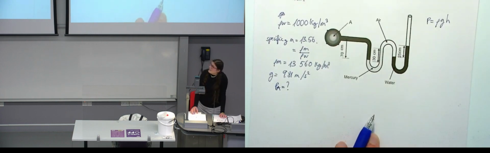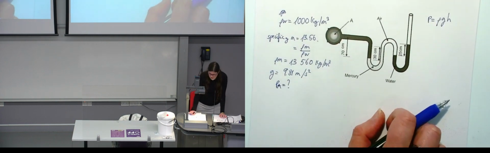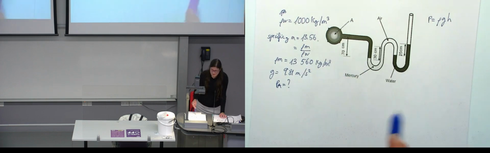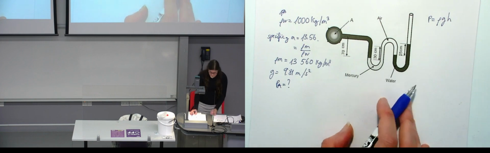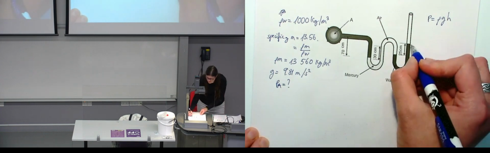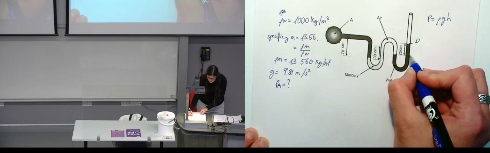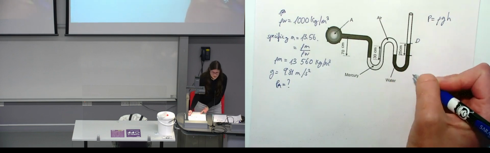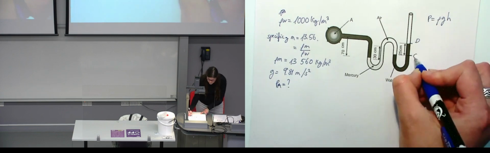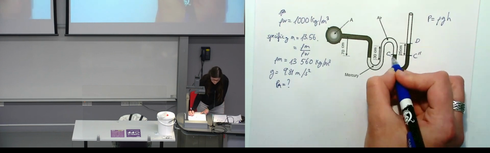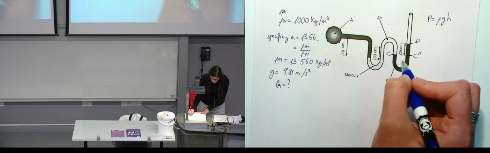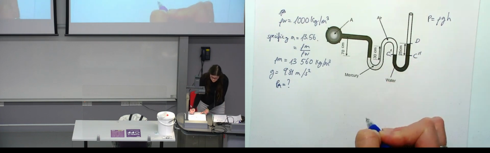The second step: this tube has different sections, so it's good to label them. So we call this, for example, D. Then after the drop, we call C double prime, C, no, C prime, sorry.